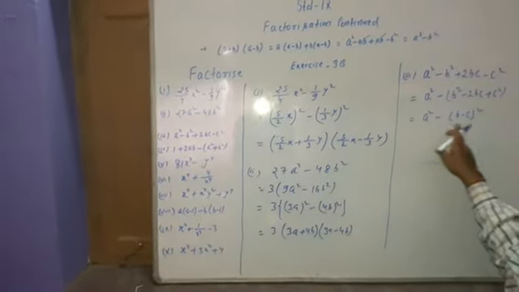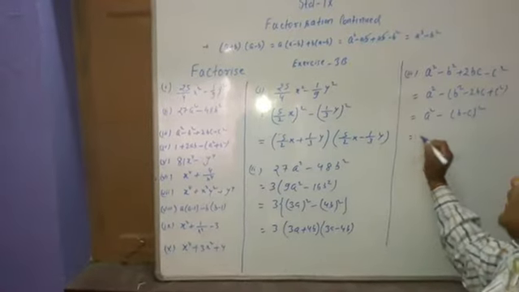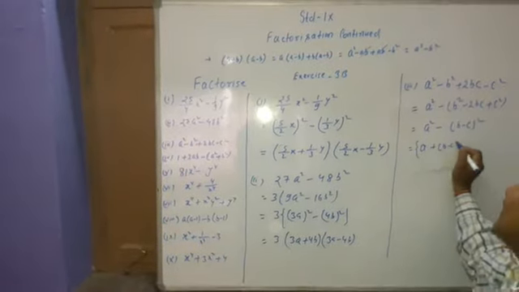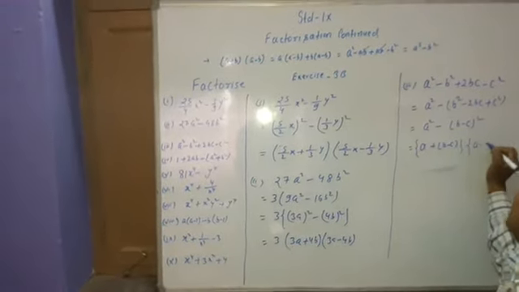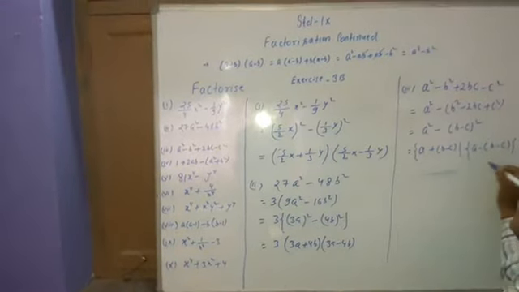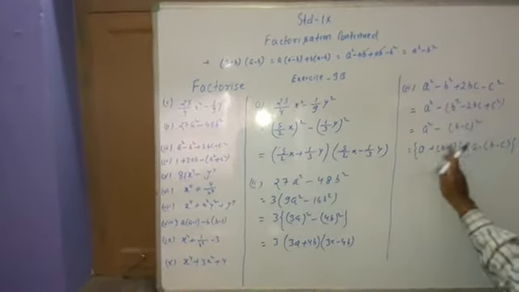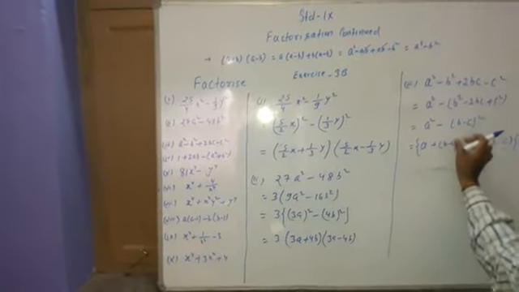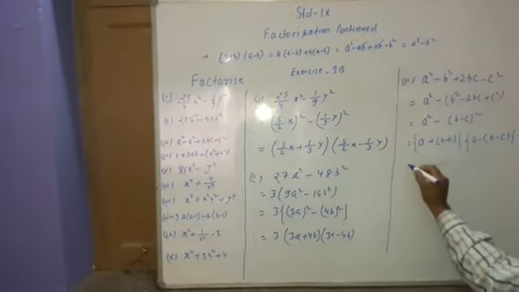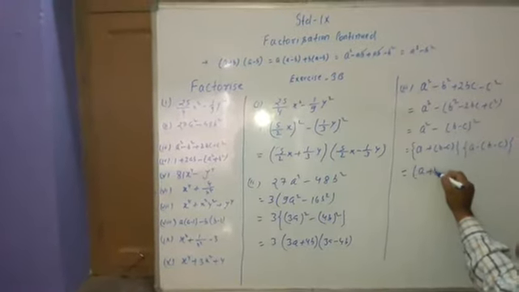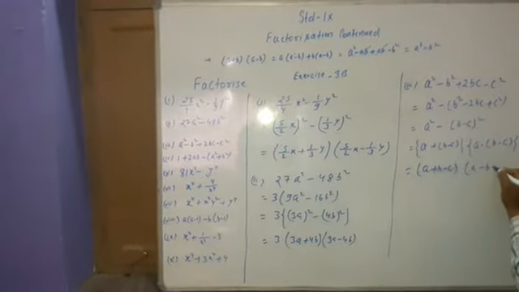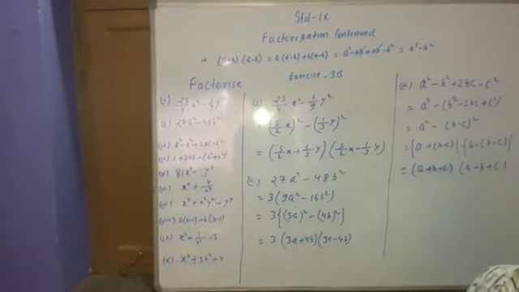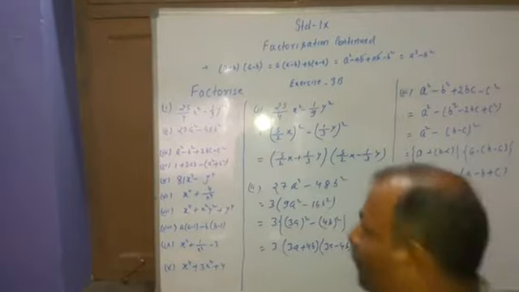Now it is of the form a square minus b square. We write (a plus b minus c) and (a minus b plus c). Like a plus b, a minus b, here in the place of b we are taking b minus c. And therefore the result will be a plus b minus c and a minus b plus c.